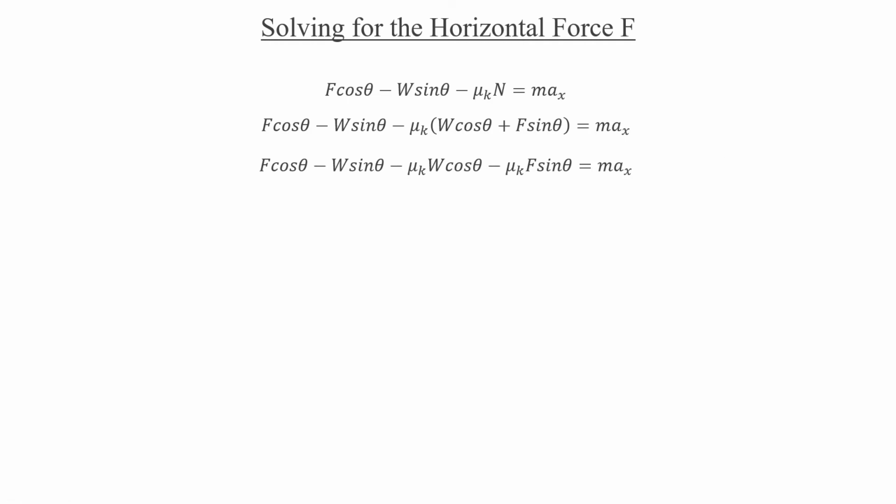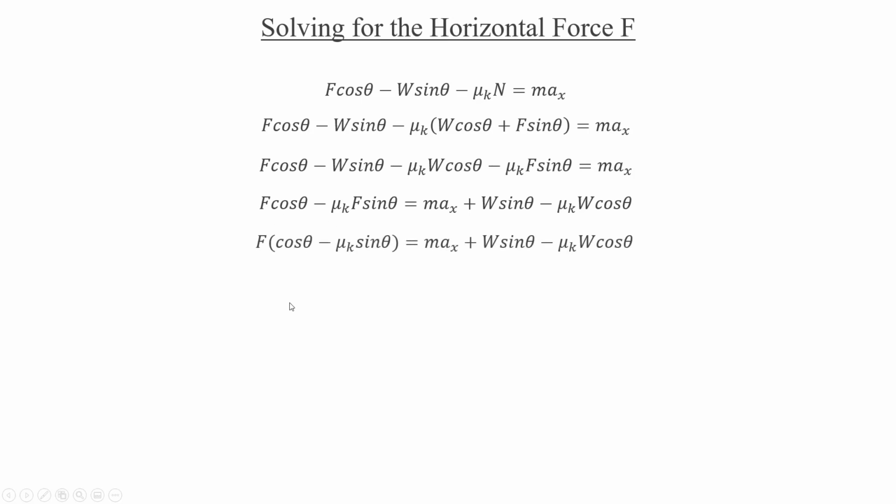Remember, we want to solve for F, and that means we need to isolate all the F terms on one side. So I'm going to put this term that has F in it, and this term that has F in it on the left, and everything else is junk that gets lobbed to the other side, as you'll see here. And I will take F and factor it out from both of these terms, which will look like this.